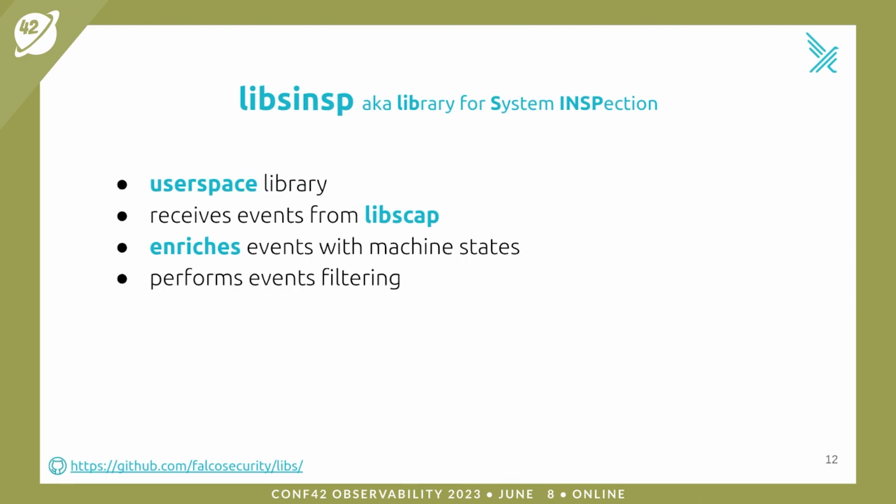All these elements will be there to create nice rules and to be able to know the context of the alert. It will also perform some event filtering and extract fields from these events. These fields are then used by the rules.